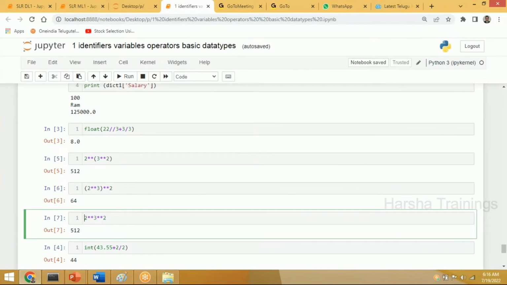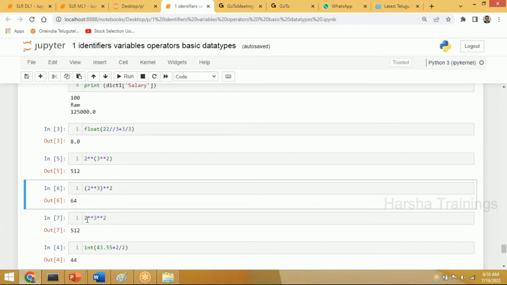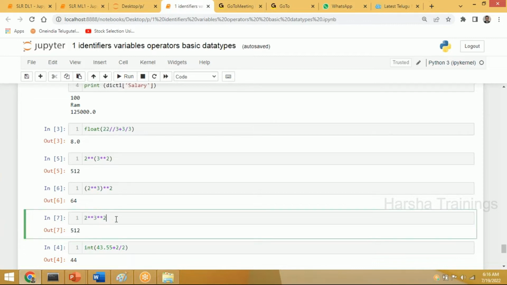But I don't know why it is giving 512. Let me check it. Actually, it should give the same answer, 64, because it has to execute from left to right. 2 cube is 8, 8 to the power 2 is 64 only. Let me check it and answer it.